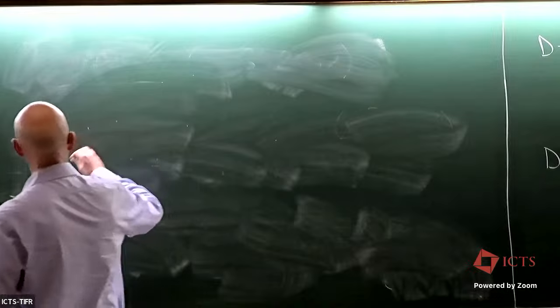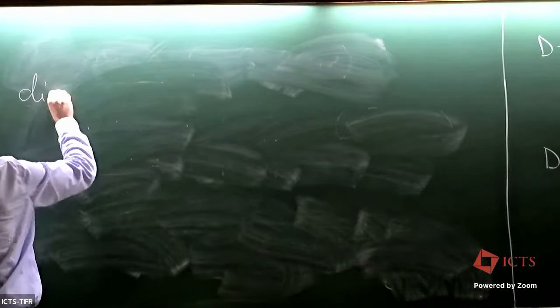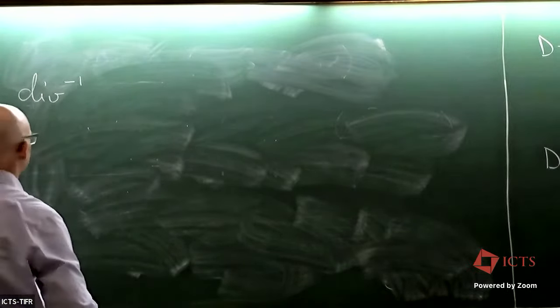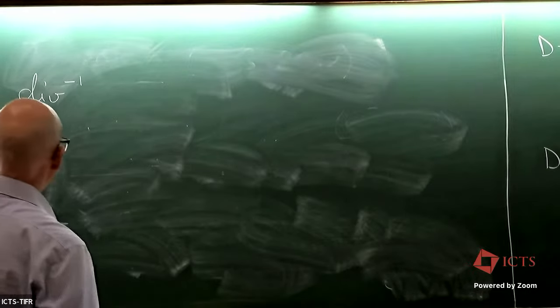So here are the operators. How am I actually going to define divergence to the -1? Okay, that's pretty easy.